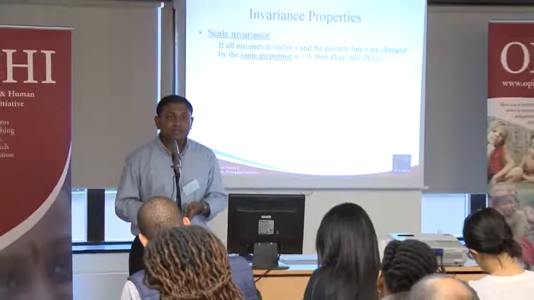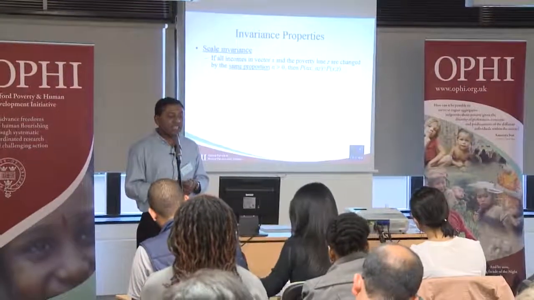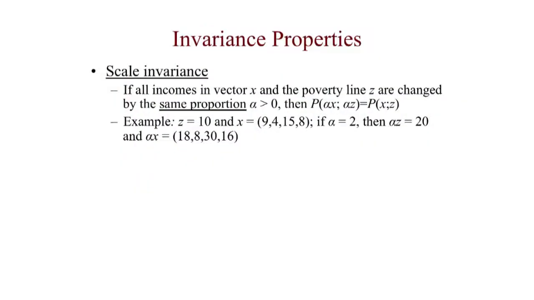Scale invariance. The idea is that if incomes in one distribution and the poverty line are changed in the same proportion, then poverty should not change. Let me just show you the example, it's easier. Suppose you have this particular poverty line and the distribution 9, 4, 15 and 8.